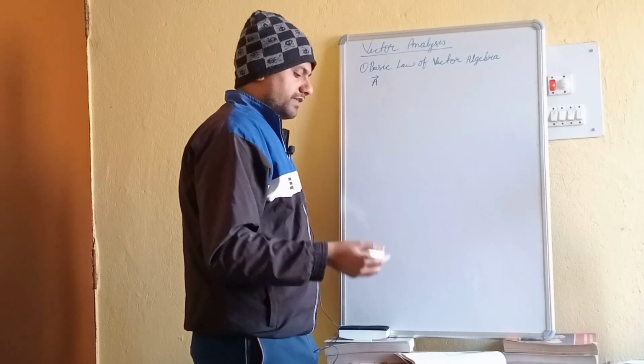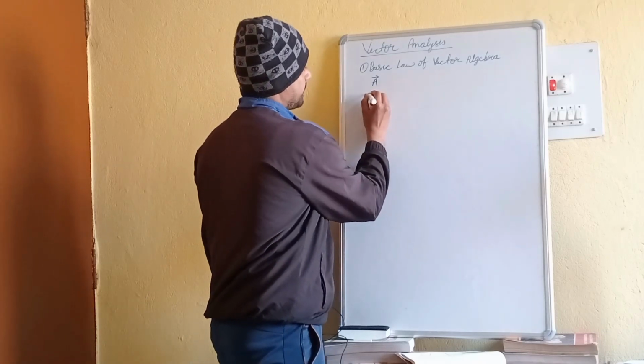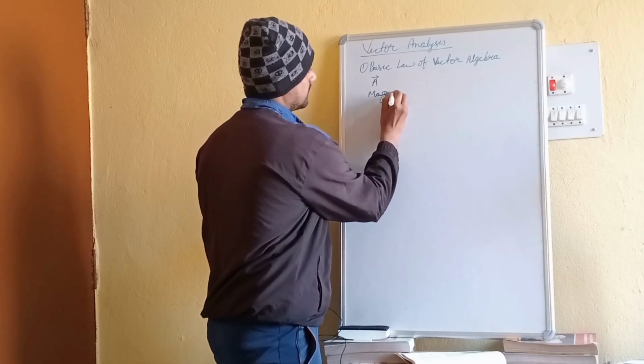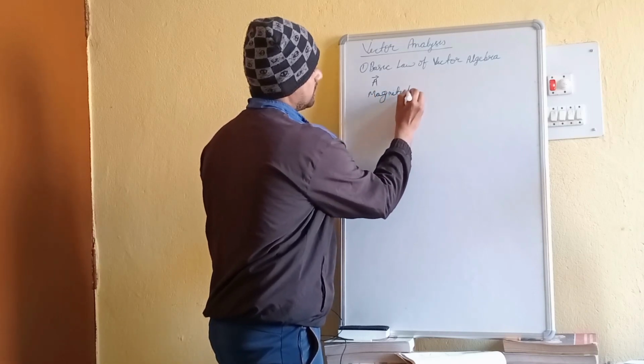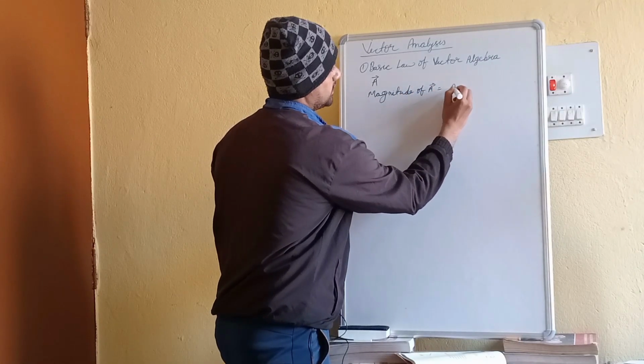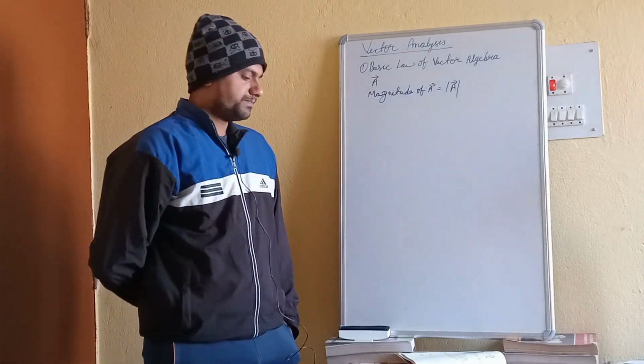The magnitude of the vector can be represented by the mod. For example, here I can write the magnitude of vector A like this, the mod of a vector.